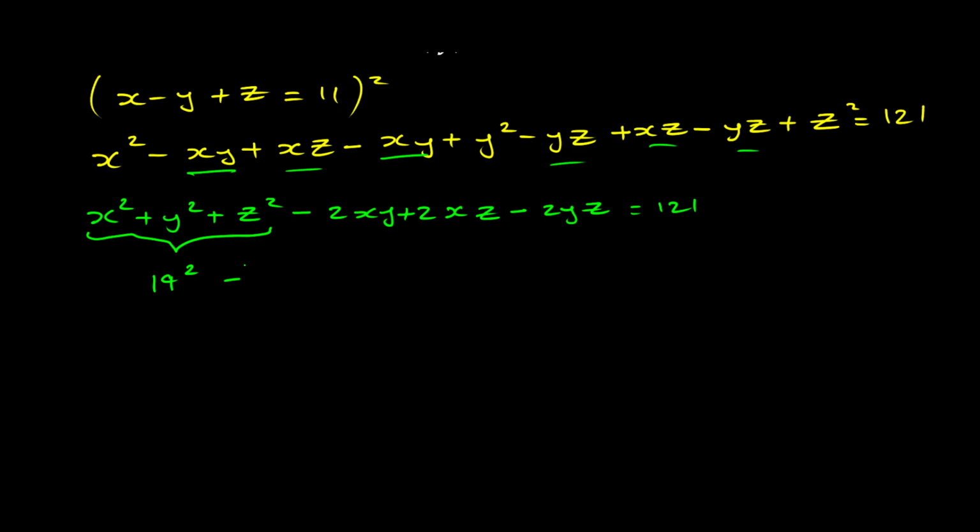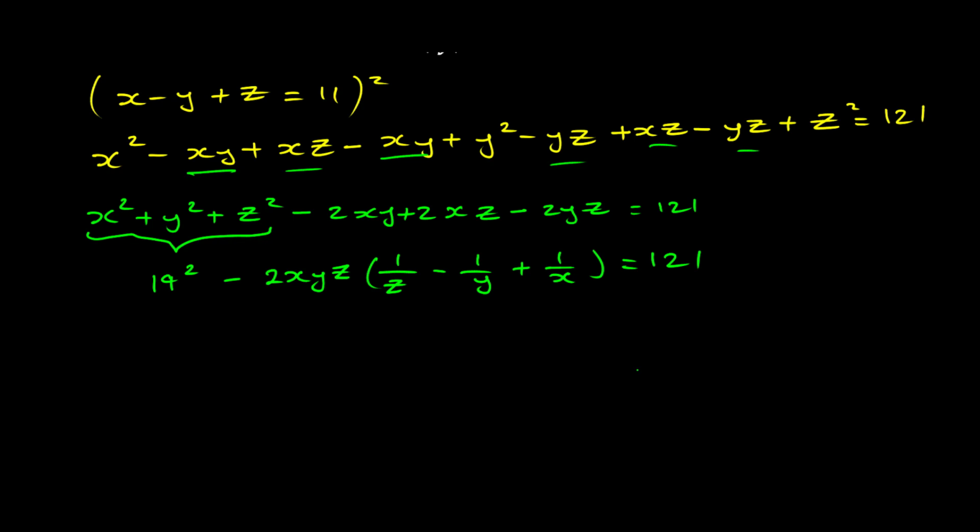minus, and from here we're going to actually factor out 2xyz, and the reason we're doing this is to actually get the fractions 1 over z minus 1 over y plus 1 over x, and this is equal to 121.